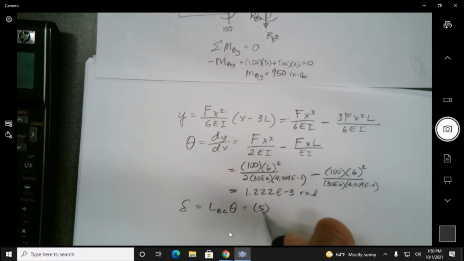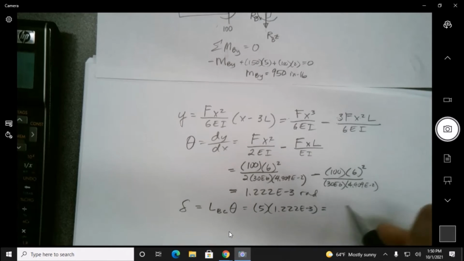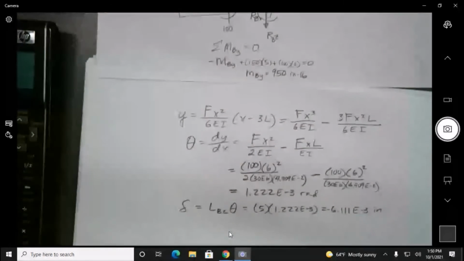So it's going to be 5 times that 1.222 e minus 3. So we get 6.111 e minus 3 inches, and of course that's going to be negative. Trying to think of any others. I think we got it all covered in the x direction.